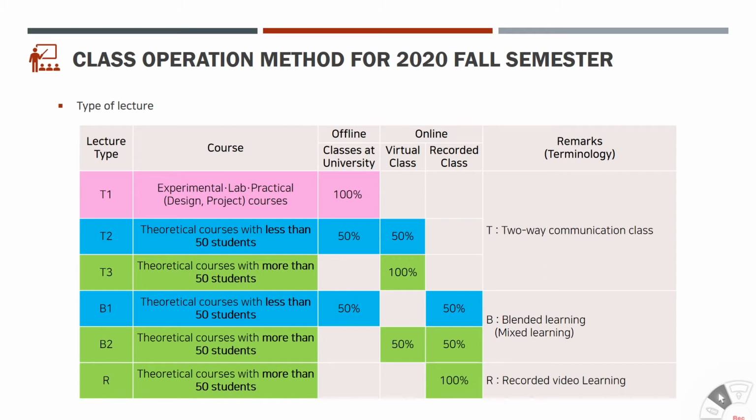This is also blended learning, so it will be 50-50. B2 is online, but half virtual class and half recorded class. And R means recorded video learning. This is a theoretical course with more than 50 students, and it will be operated 100% online as a recorded class on the class system.